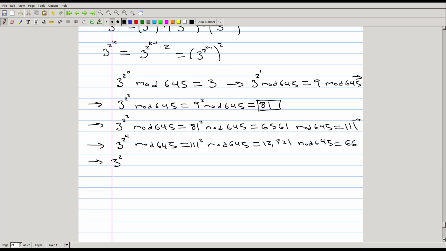Next, 3 to the power 2 to the power 5 mod 645 is going to be 66 squared mod 645, which is going to be 4,356 mod 645, which is 486.